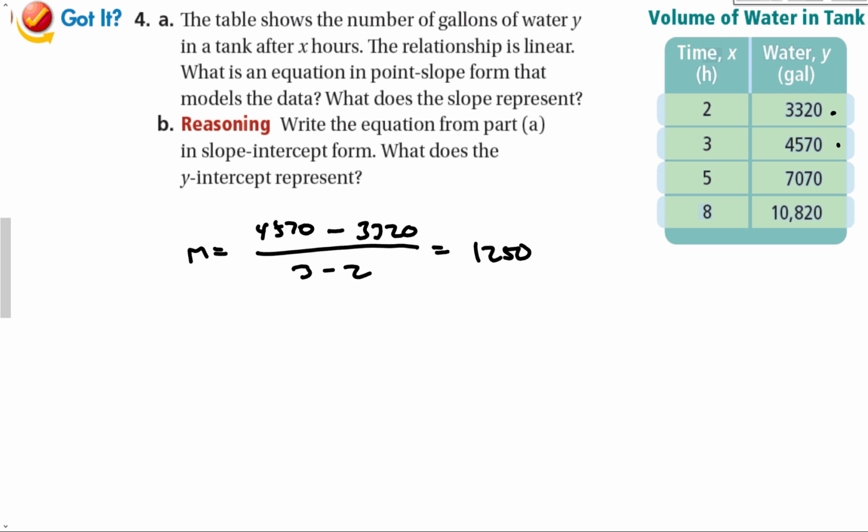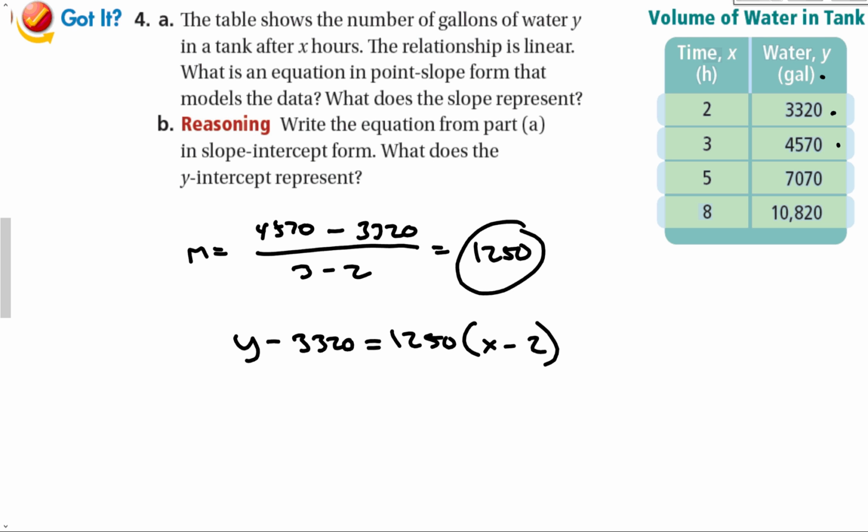So using the first point, we have y minus y1 is equal to the slope times x minus x1. Okay. What does the slope represent? So like we said, this represents rise over run, gallons per hour, y over x, the number of gallons you are adding to the tank every hour, 1250.